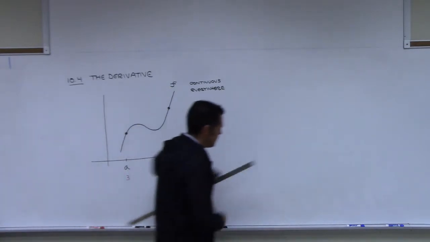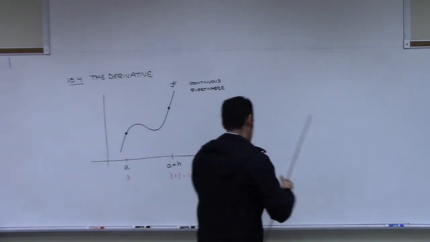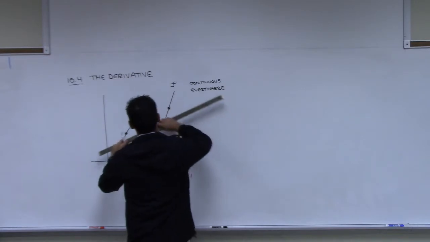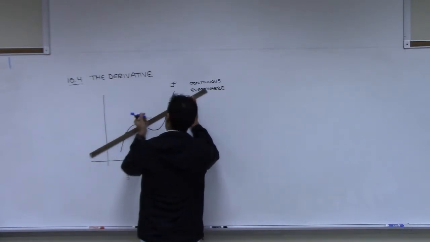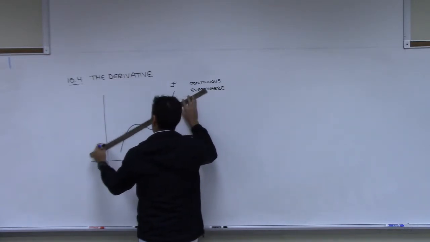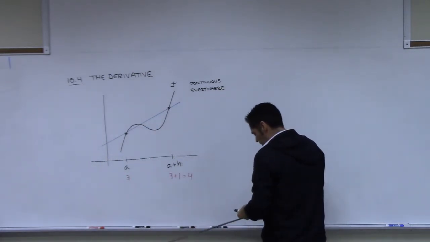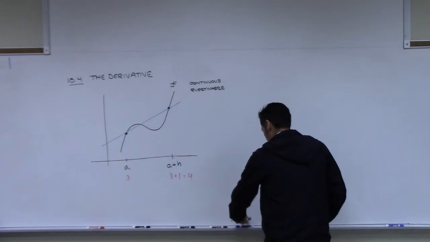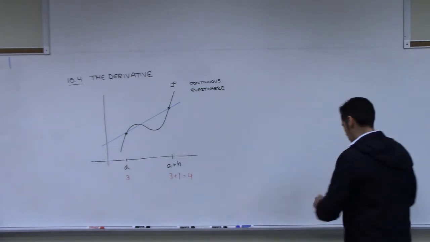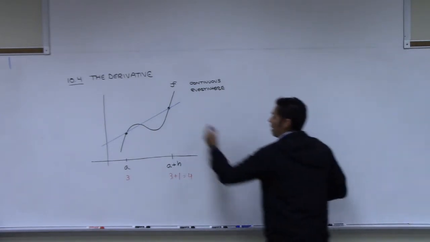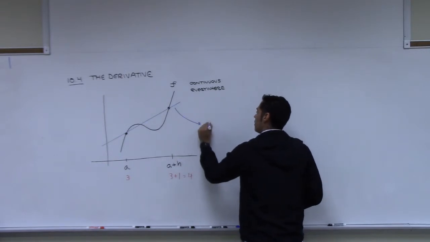All right? Let's connect these with a straight line. And I would like for us right now to look at that blue line, and I'd like for us to find its slope.